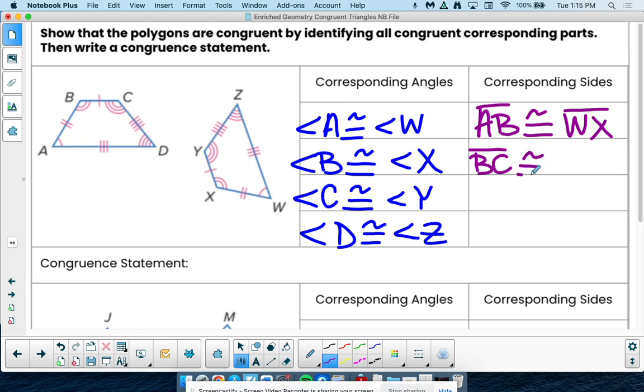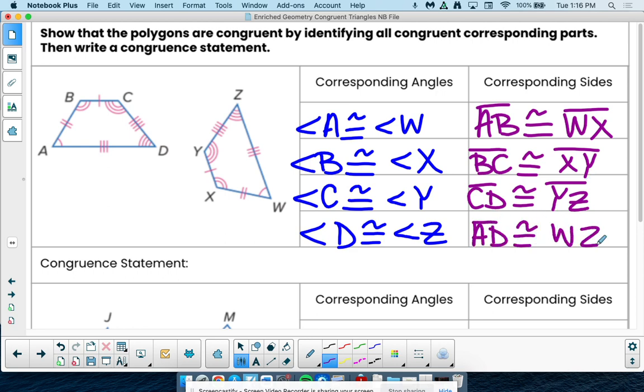BC, XY. Again, I know it's kind of a lot of writing. It seems maybe kind of redundant, but this is the definition of a congruent polygon. And then again, I'll teach you shortcuts so it's not so much like this.